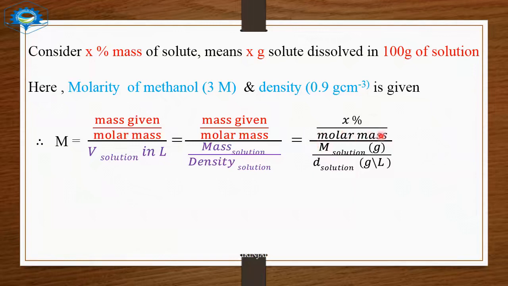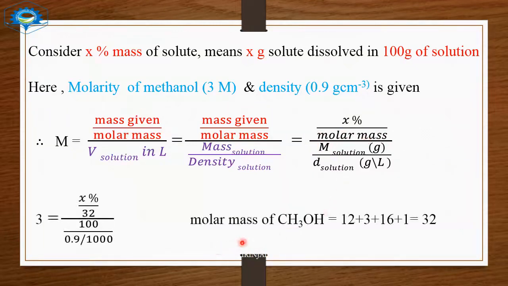Then how will we find the molar mass of methanol? By adding the molecular mass of carbon, hydrogen and oxygen, because methanol is CH3OH, the molecular formula.